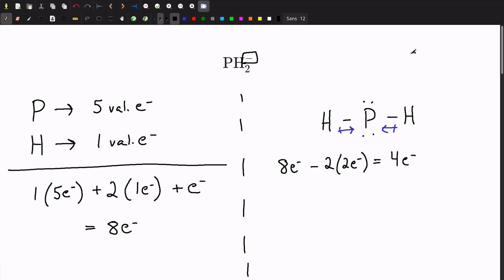Now we can figure out our steric number. It's going to be the number of atoms attached to the central atom plus the number of lone pairs. So we've got 1, 2 lone pairs, 1, 2 atoms, for a total steric number of 4. Now we need the lone pair number. Number of lone pairs on the central atom, 1, 2, we get 2.